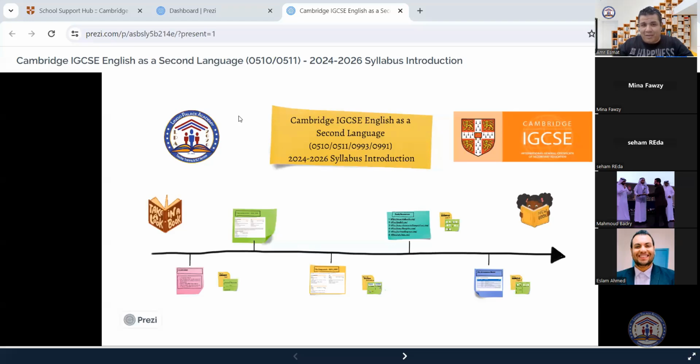So English in IGCSE comes to an end in grade 10. Some people ask, what about grades 11 and 12? Don't they study English? In fact, no. Most of the students go through the exam of the IG in grade 10.